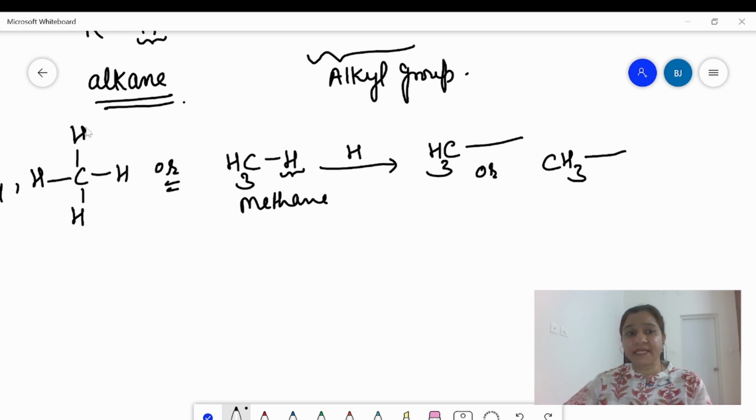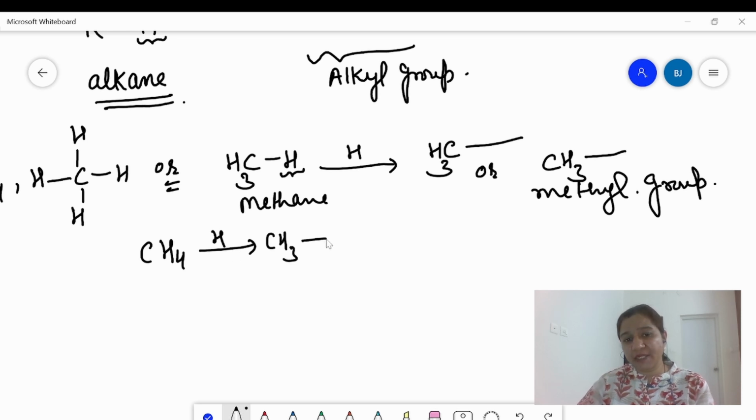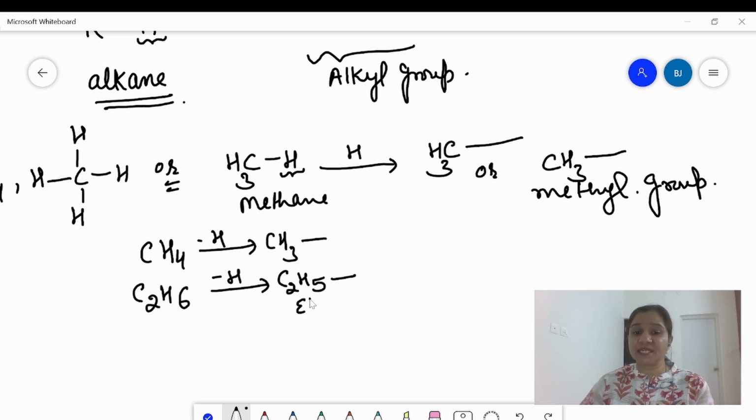Like alkane gives us alkyl group, methane will give us methyl group. We are going to use this group in many places, so you should be able to recognize that CH3 with free valency is a methyl group. Similarly, ethane is C2H6; removing one hydrogen gives C2H5 with free valency, which is the ethyl group.